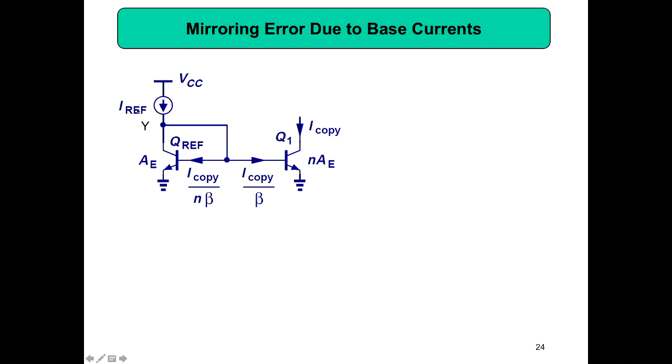Then if this is I reference, your reference current, and this is the collector current of Q reference, then I have written here I copy divided by n times beta, here I copy divided by beta, and here I have written n times AE.